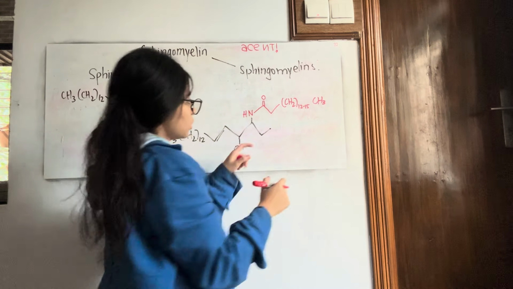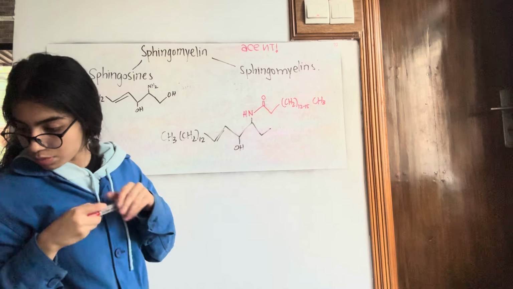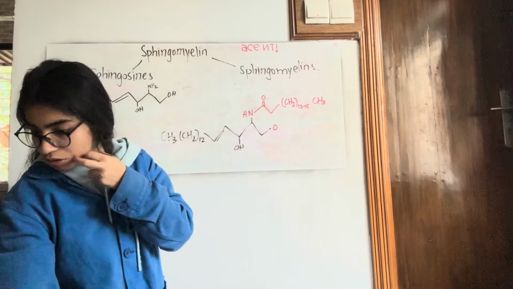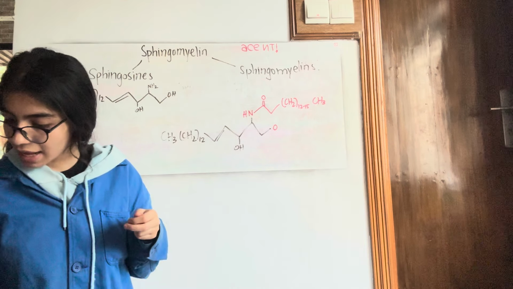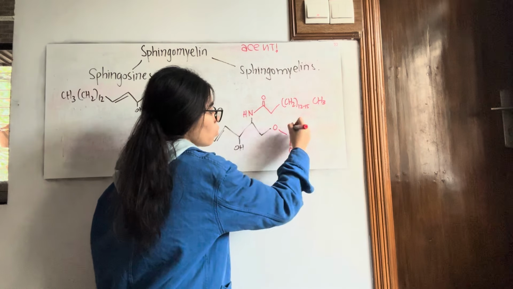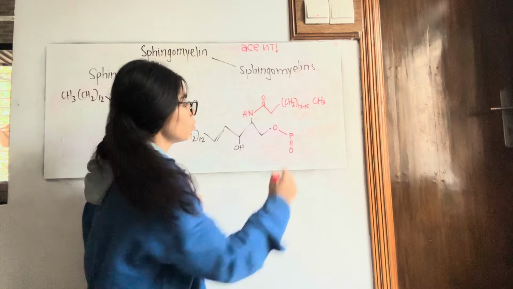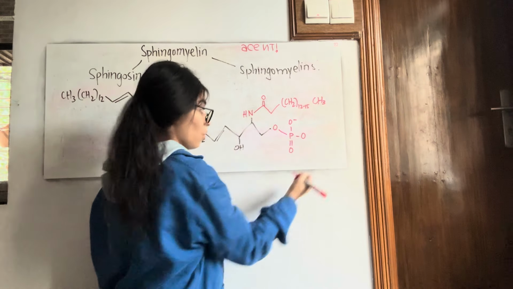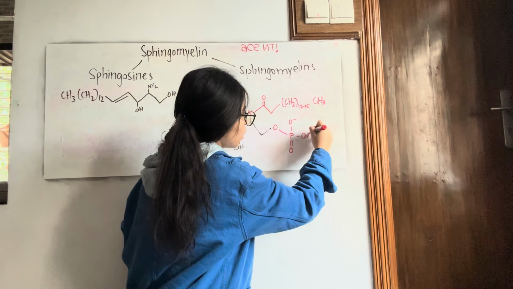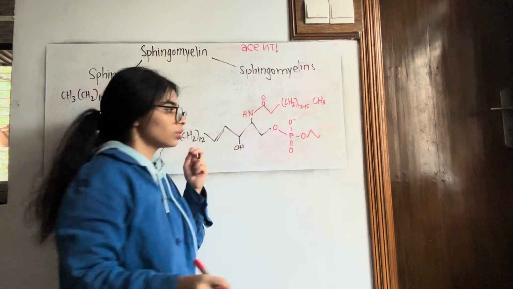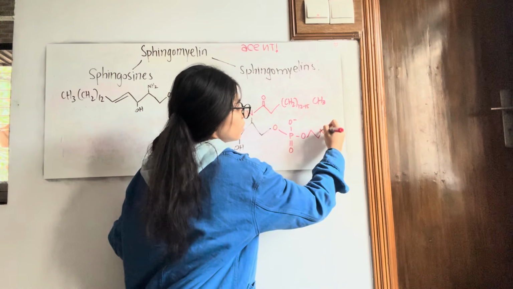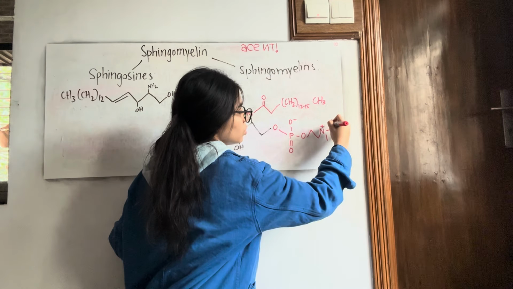And then this one's also going to change. Now this is a little more complicated. This part is going to be CH2O. Remember those phosphoric acid? Yes, we're going to use that knowledge again. So O, P, O, another O, of course we do. CH2, CH2, N plus, 1, 2, 3.